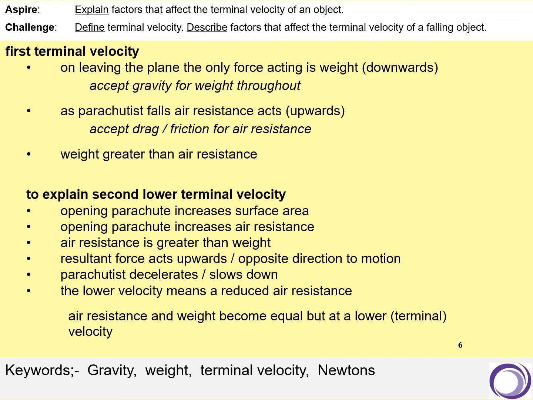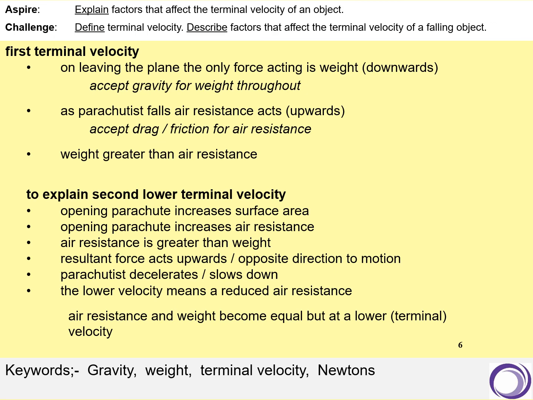Those are the first couple of bits you need to talk about, and then you need to say these two forces, weight and air resistance, eventually will even out and become balanced. So then the parachutist comes into terminal velocity.